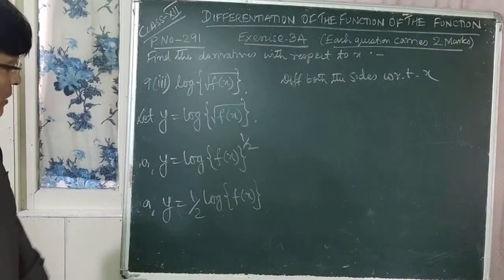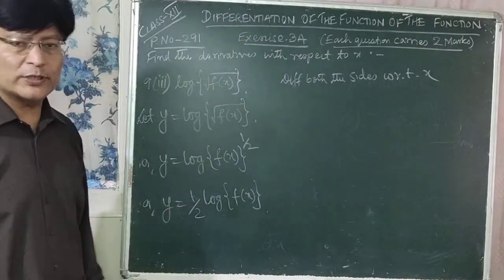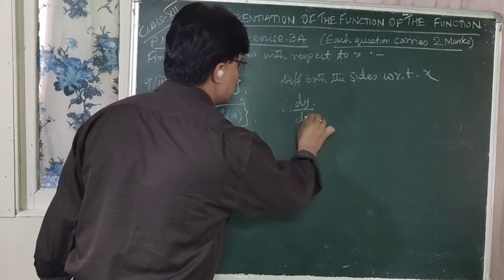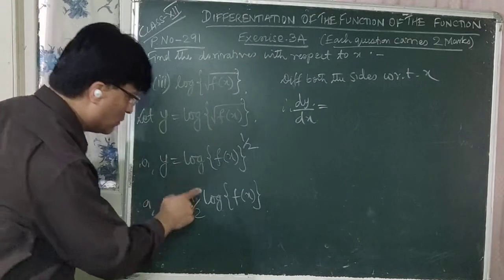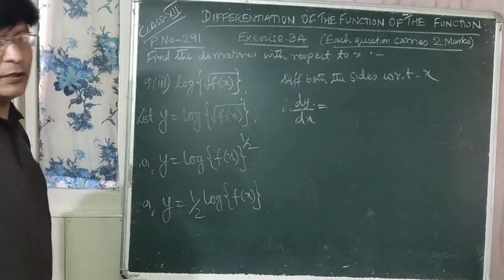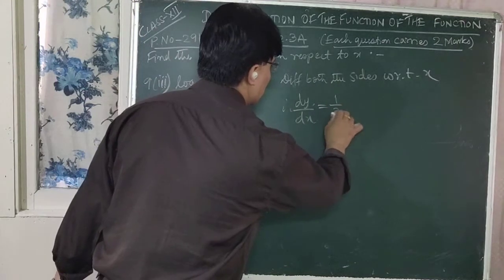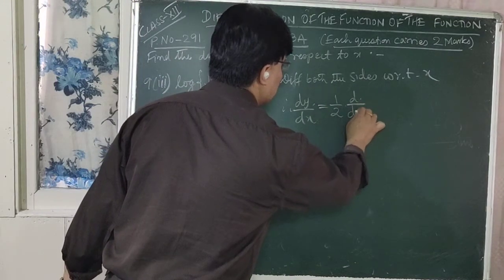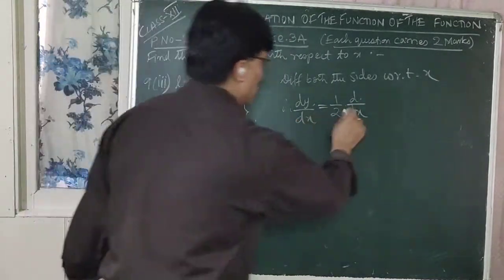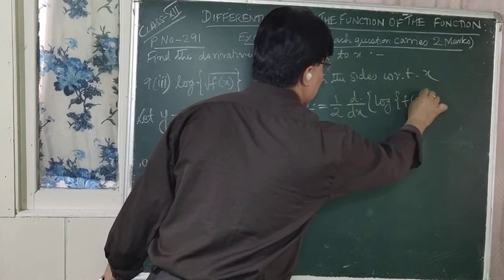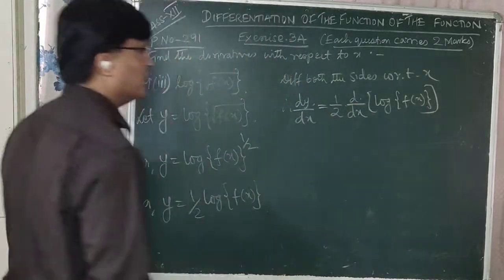Now this half is with the variable, so you should write half before d by dx. So dy by dx is equal to half into d by dx of log of f of x.